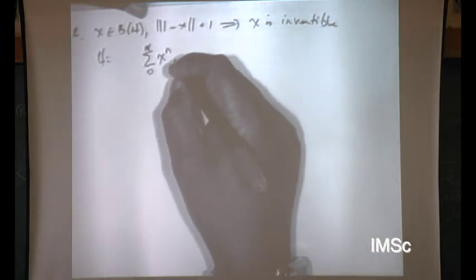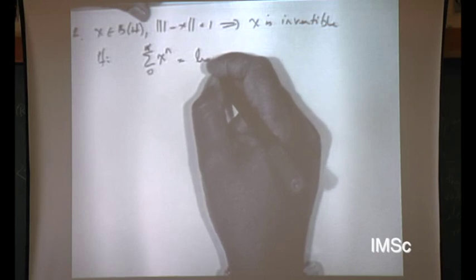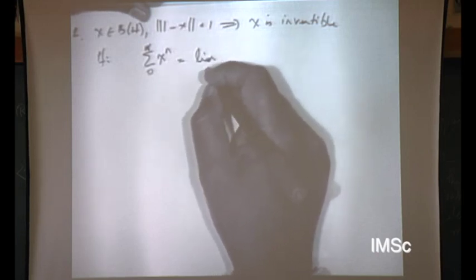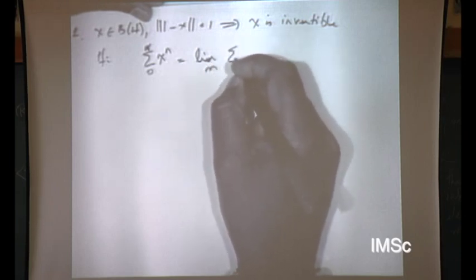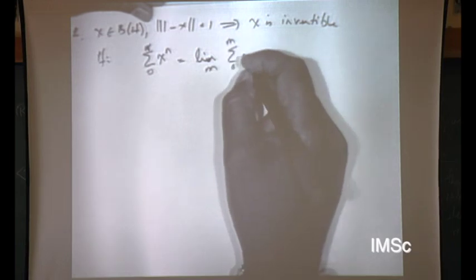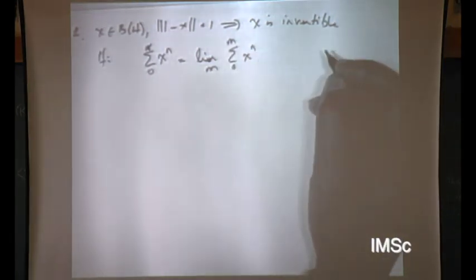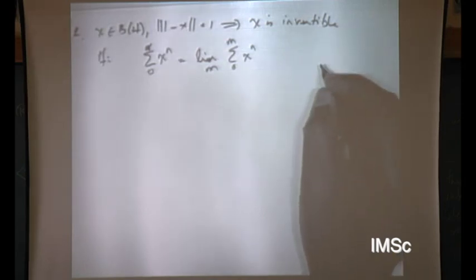So this by definition, of course, you want to prove that the limit as m goes to infinity, of the partial sums, you want to show this converges, and is the inverse.